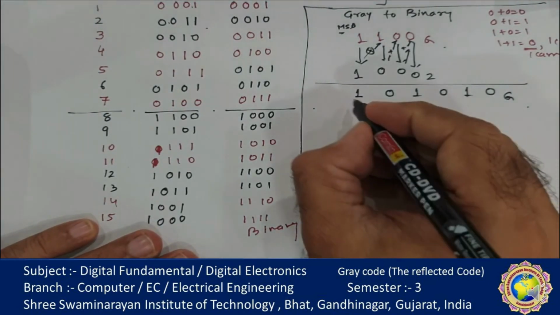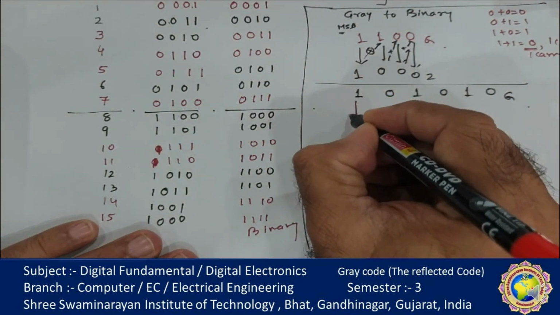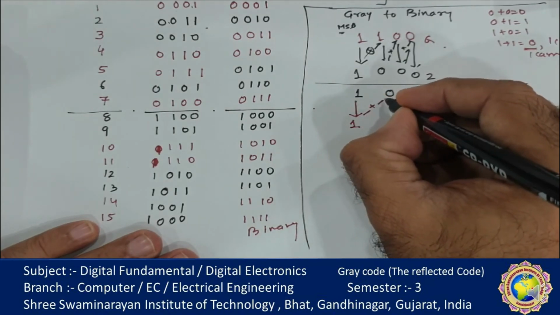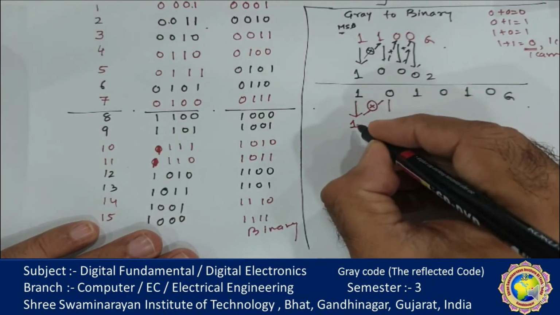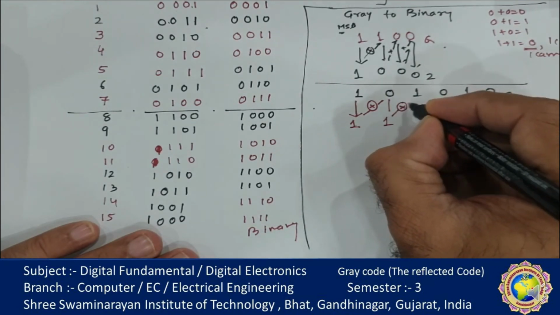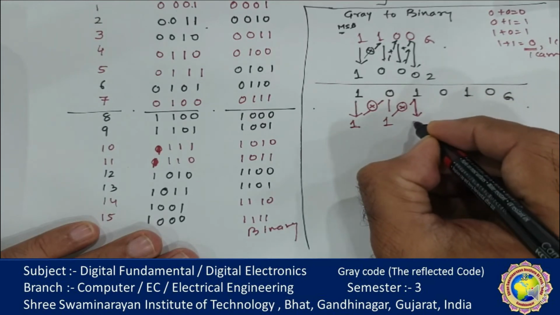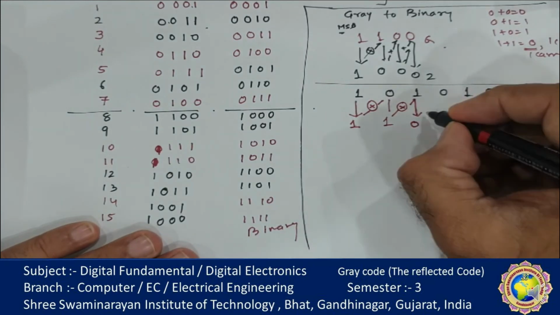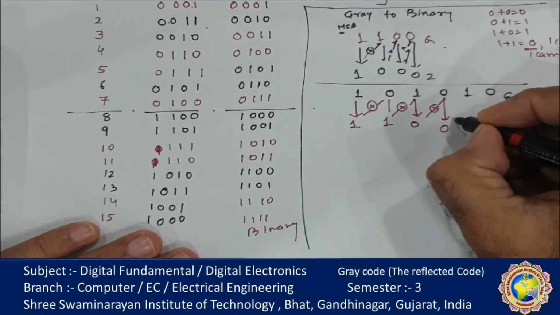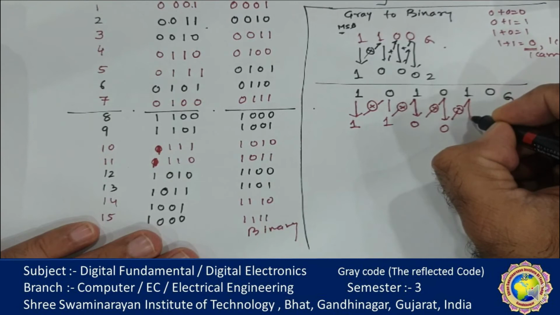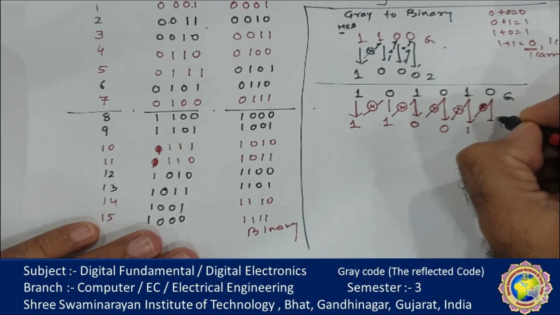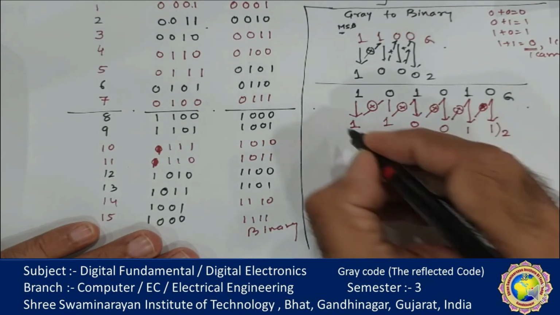Okay, so 1 is the MSB, then 1 plus 0 is equal to 1. 1 plus 1 is equal to 0. 0 plus 0 is equal to 0. 0 plus 1 equal to 1. And 1 plus 0 is equal to 1. This is equal to binary.